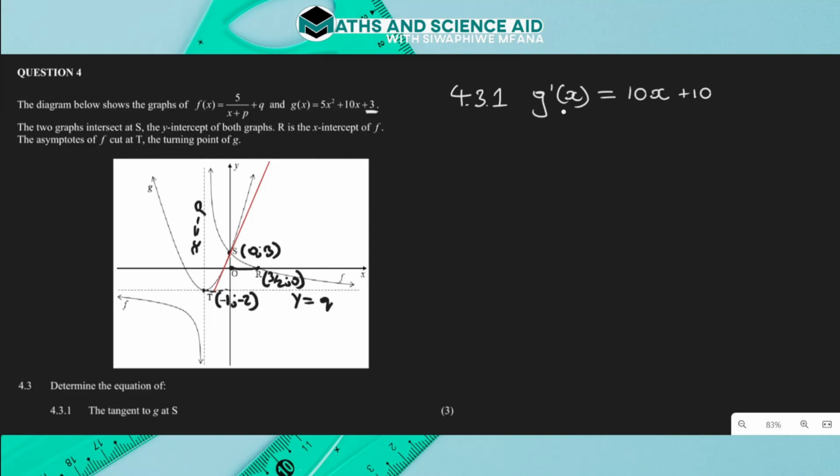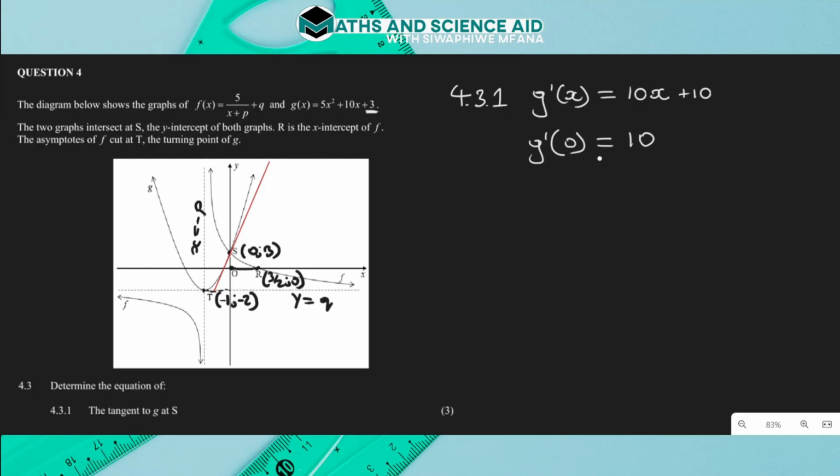And now this here can give us the gradient of g at any point, but now we specifically want to determine the gradient of g exactly at this point S. So to do that, we need to substitute in the x value at that point S. So the x value is 0 then, as we can see from the coordinates of S. So therefore, g prime of 0 is going to give us 10.